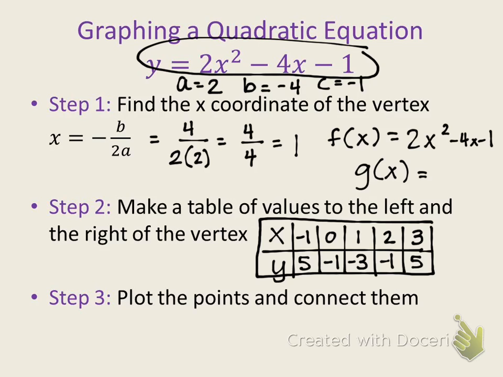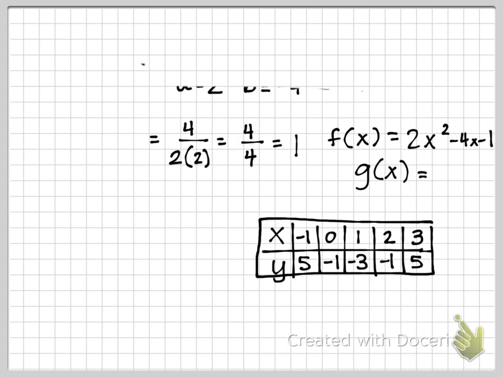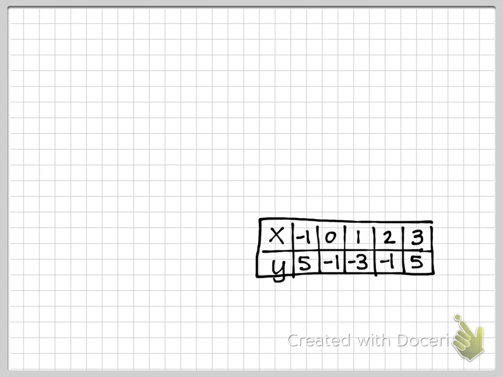So on a piece of graph paper, okay, I'm going to change to the graph paper here to erase some of this stuff. All right, and I'm going to use this chart.